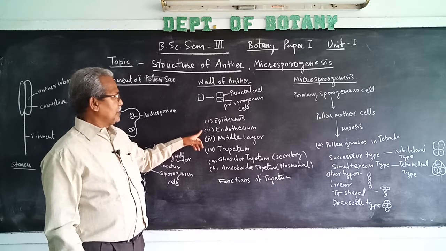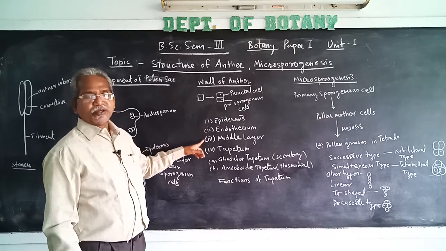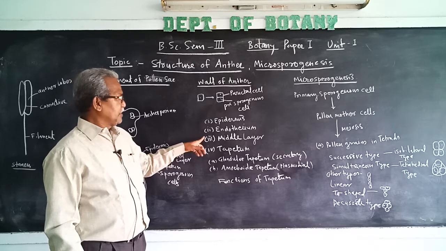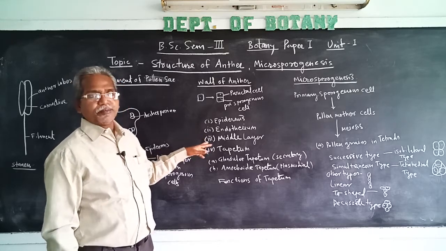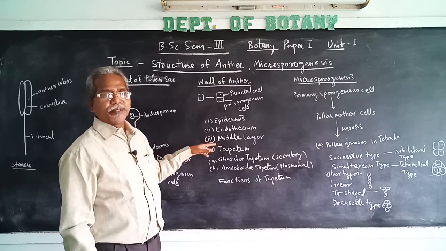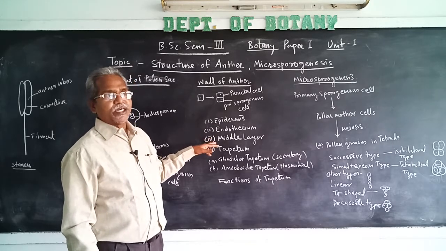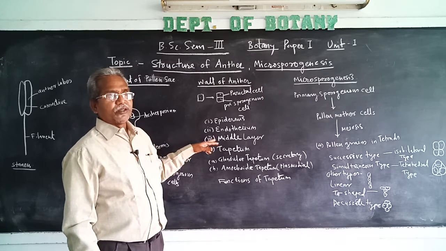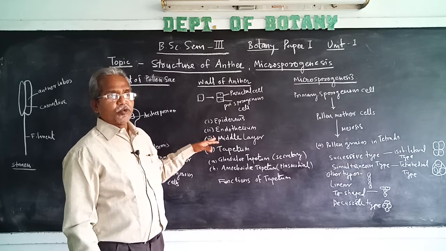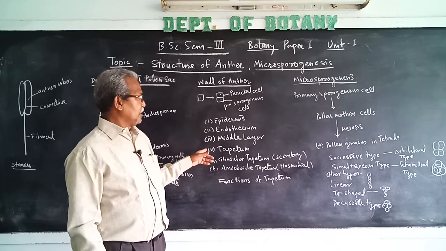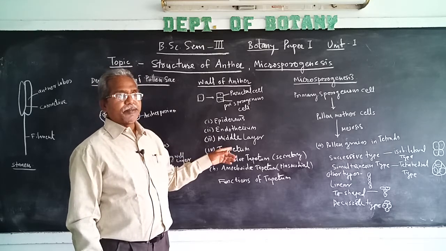Below the endothecium is a two to three layered middle layer, which is disorganized during the development of pollen grains. In some cases it provides food material to the developing pollen grains through the tapetum, and the innermost layer is the tapetum.